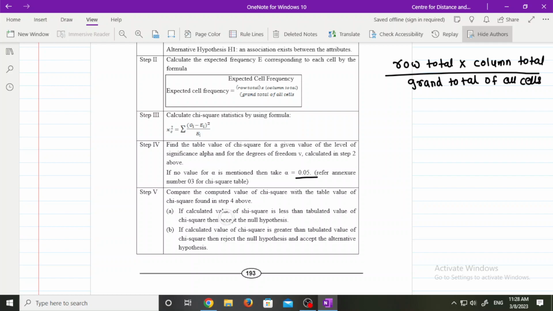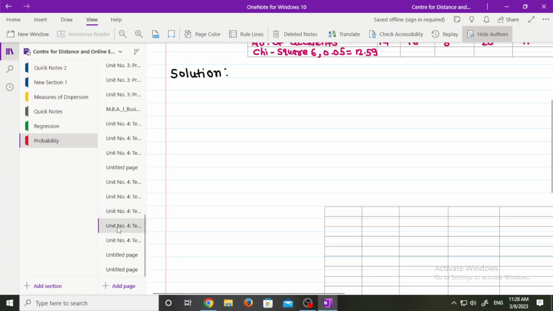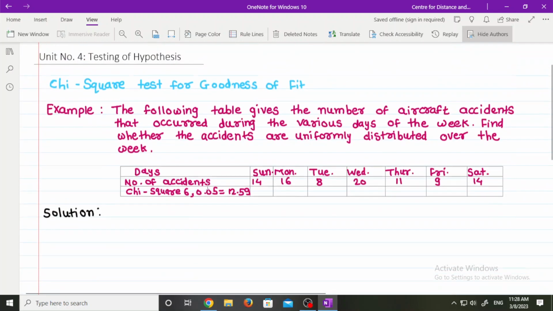If the calculated value of chi-square is less than the tabulated value, then accept the null hypothesis, and if the calculated value is greater than the tabulated value, then reject the null hypothesis and accept the alternative hypothesis. Okay. Then after this we solve one example of chi-square test for goodness of fit.